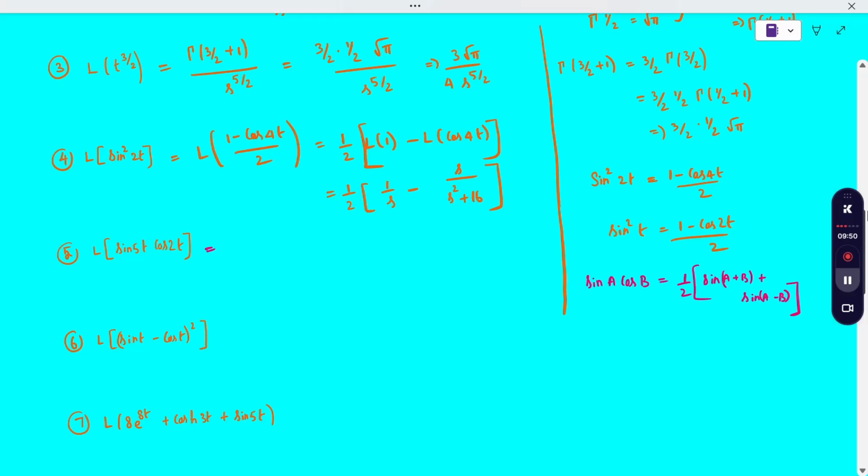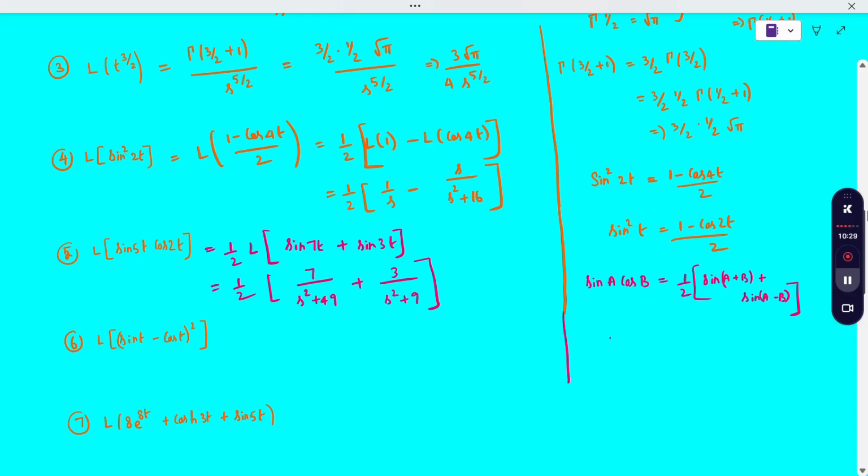So now 1 by 2 Laplace transform of, I will split directly and write: sin 7t plus sin 3t. Now 1 by 2 Laplace transform of sin 7t, we know the formula directly, 7 divided by s squared plus 49, plus in the same way Laplace transform of sin 3t, 3 divided by s squared plus 9. So completed.